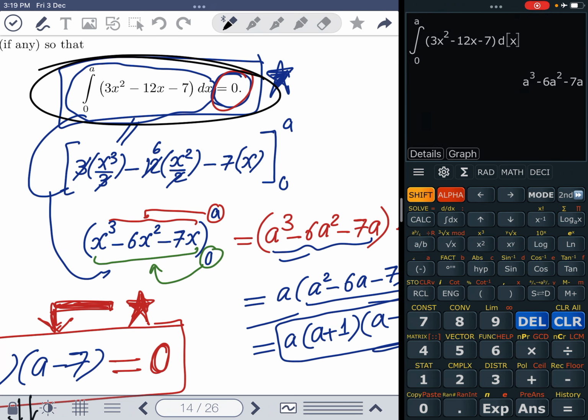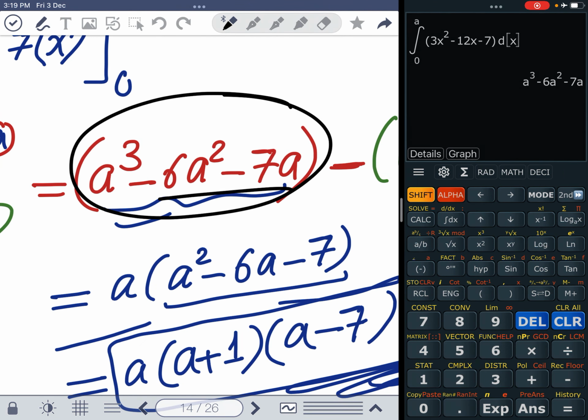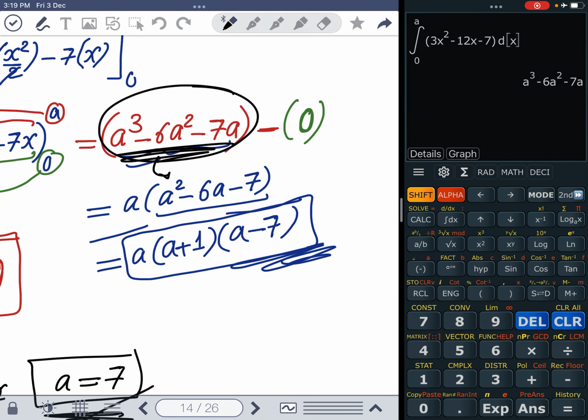This actually, if you say equal, you get a cubed minus 6a squared minus 7a. So it is the answer that you already got here, but then I did one extra step of factoring it.